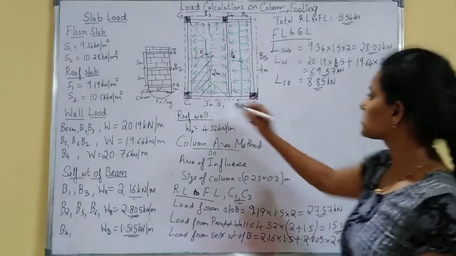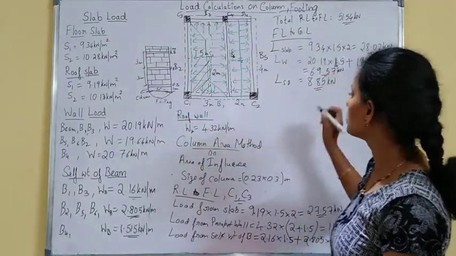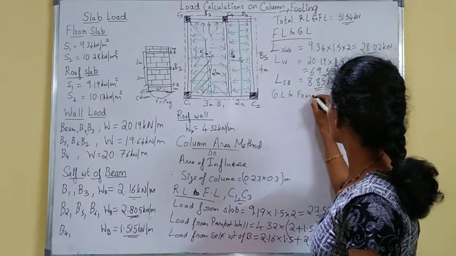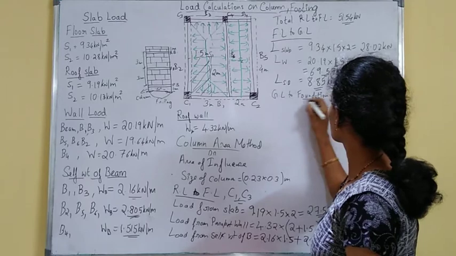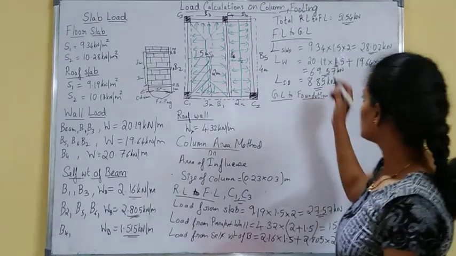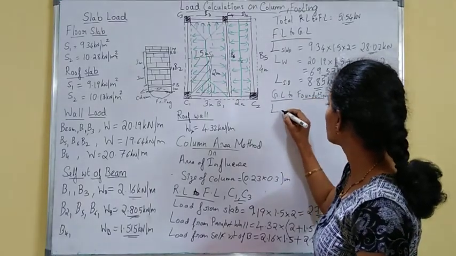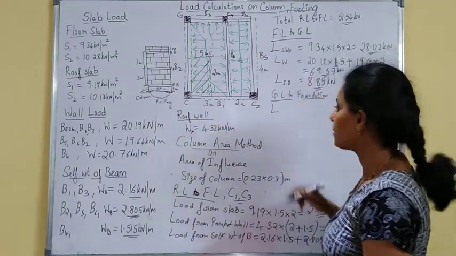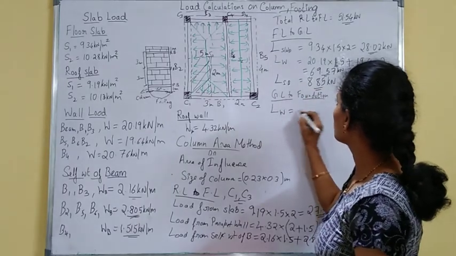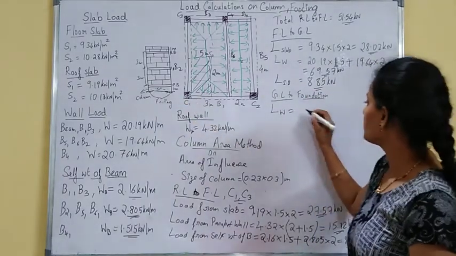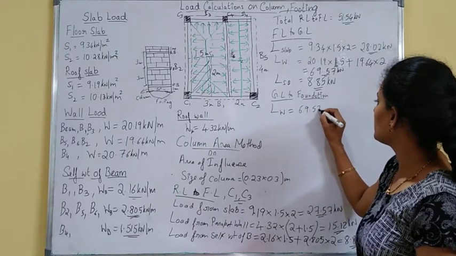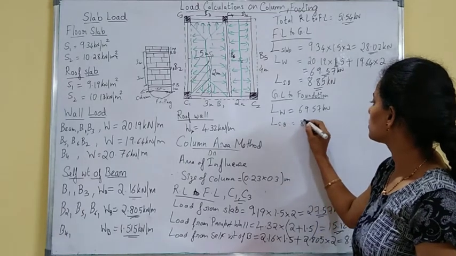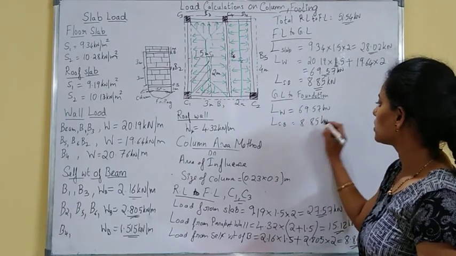Okay, next from ground level to foundation. Here only the plinth beam will be acting, so there will not be any slab load. So directly consider the load from wall, it will be the same, that is 69.57, and load from self-weight of beam, that is equal to 8.85 kilonewton.